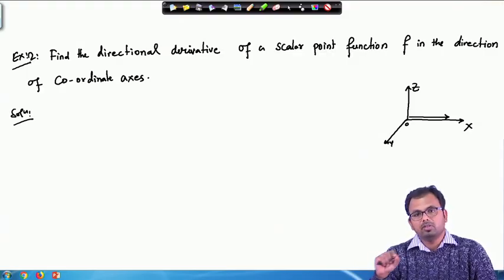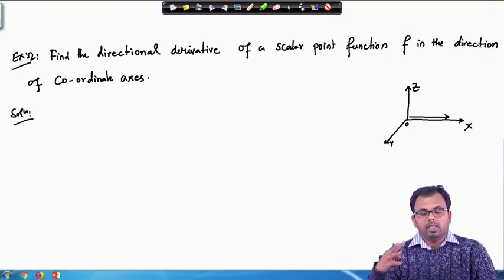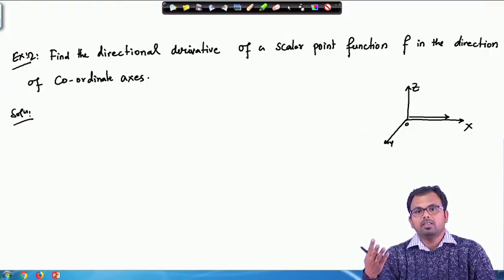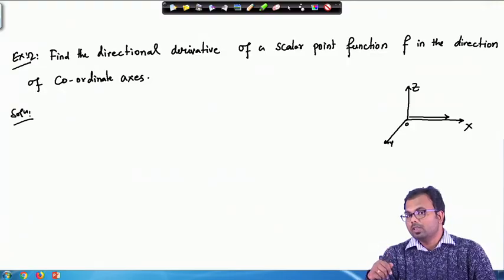So, i cap is the unit vector in the direction of x axis and our a cap in the formula is actually i cap. I is the unit vector which is perpendicular to the yz plane and along the direction of x axis.